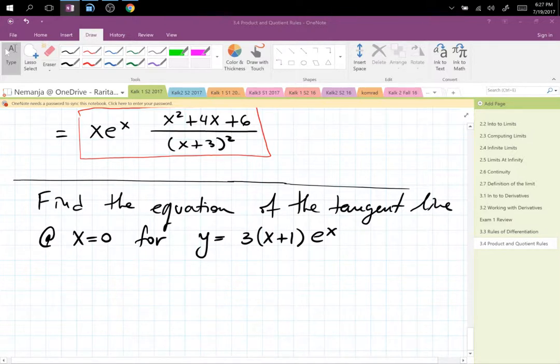Find the derivative. Substitute x equals 0 in this case, and you get the slope. So then you have the slope, you have the x point, plug it in to get the y point, and then you have x, y, and m, find b, and you're done.